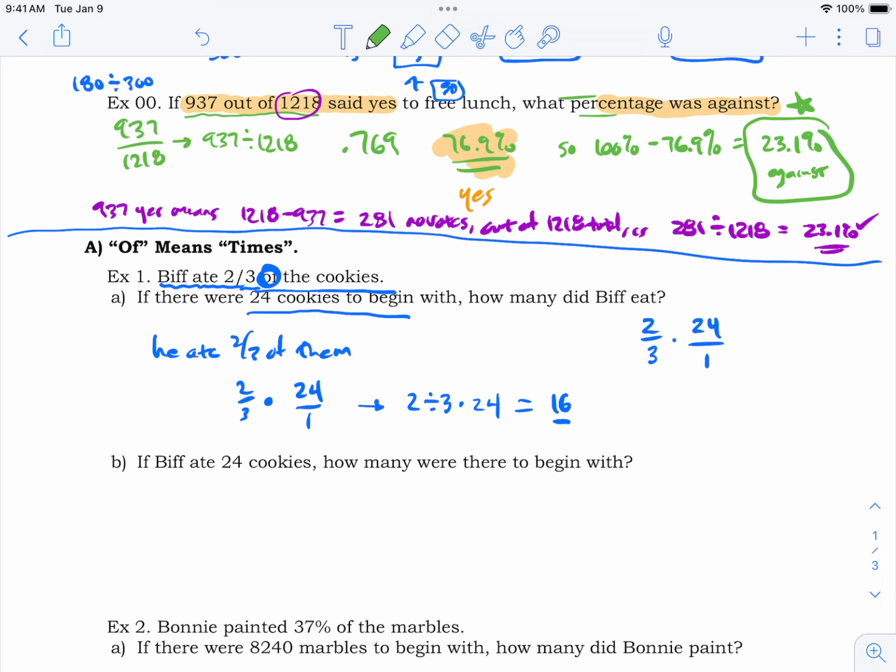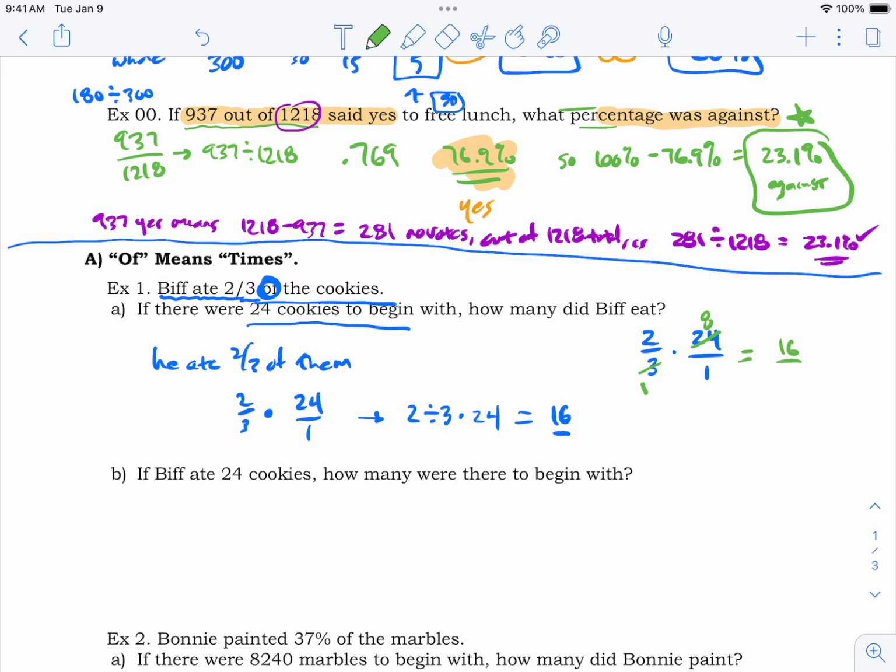You multiply straight across top and bottom, but first you would say, oh, I can cancel 3's here. So 3 goes into 3 here 1 time, 3 goes into 24 8 times. Now that I've reduced and cross-reduced, I can multiply straight across on the top. 2 times 8 is 16. Straight across on the bottom, 1 times 1 is 1. And of course, anything divided by 1 is itself. It's 16. So you get 16 either way.